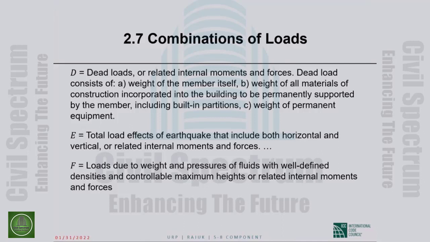In ASD load combinations, you have to bring the strength level earthquake force down to service level. And that we do by dividing by the load factor that used to be common in seismic design in the days when earthquake forces were specified at service level. That load factor was 1.4. Reciprocal of 1.4 is 0.7. So in ASD, you will typically see a load factor of 0.7 on E.